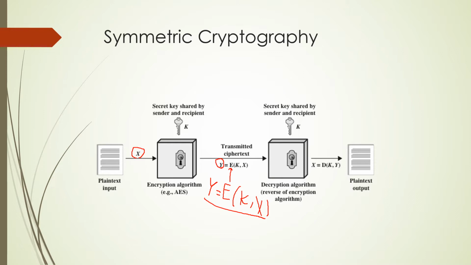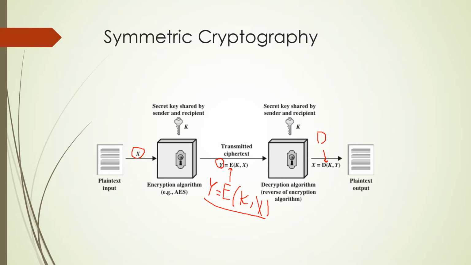We look at DES and AES in detail in this lecture, and when we want to decrypt the message, we will apply another function on the key and the ciphertext. The function here is represented by D. That's the decryption function.